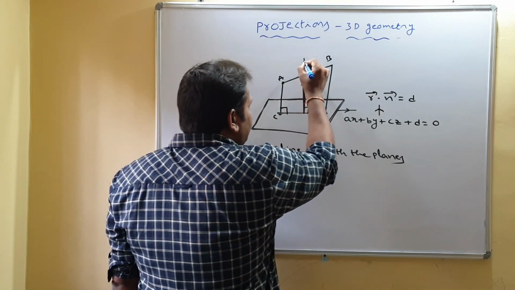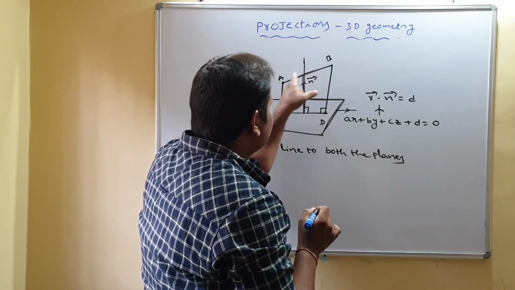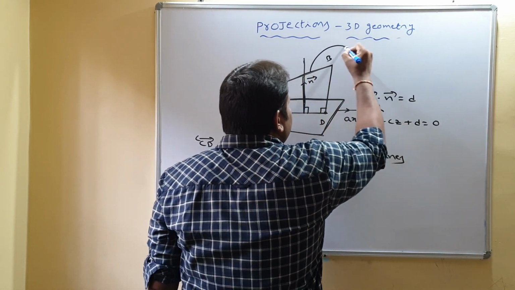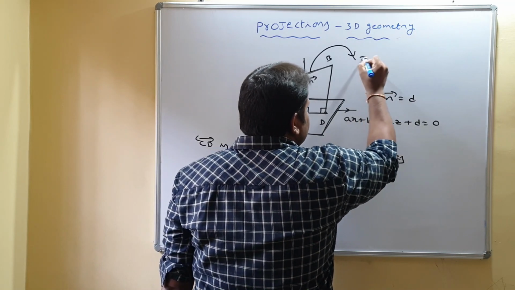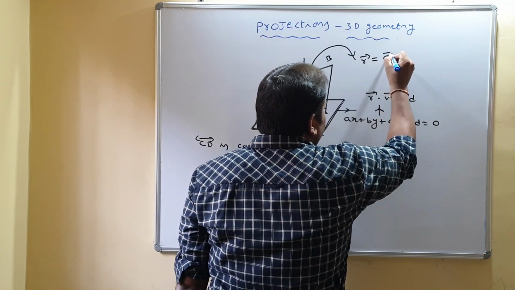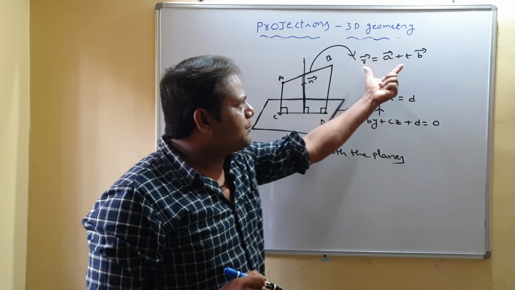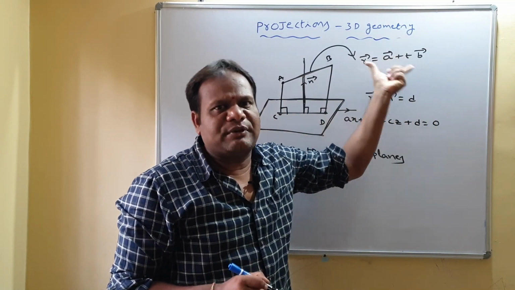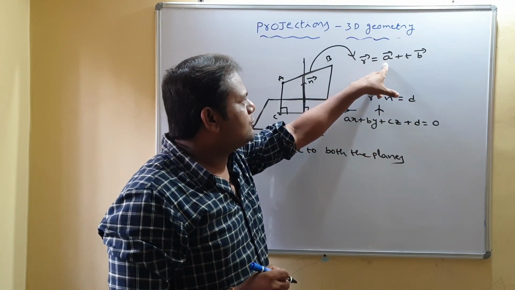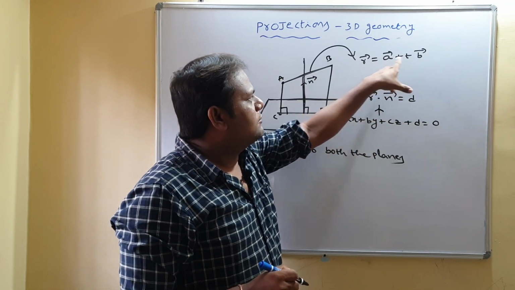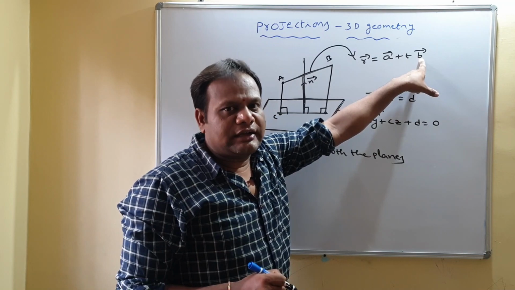And see here, coming to the line equation AB. Suppose the line equation in vector notation is r bar equal to a bar plus t b bar. So r bar equal to a bar plus t b bar represents a line which passes through capital A of a bar and is parallel to the vector b bar.